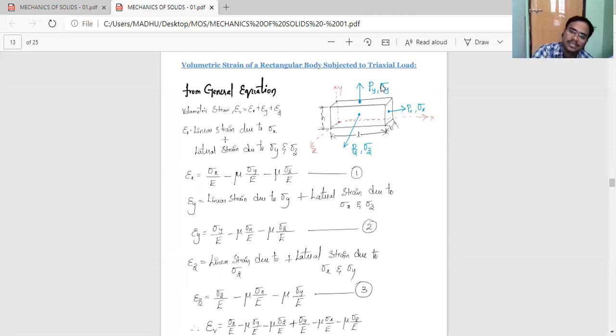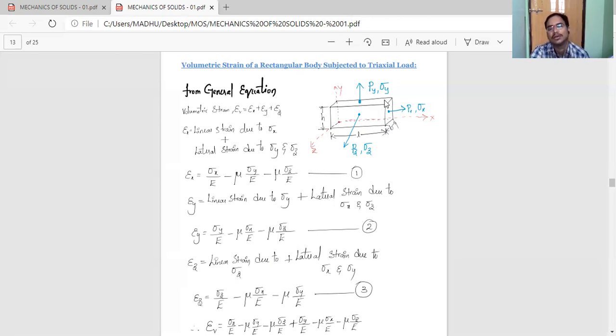Because of these tensile stresses, you will have primary strain along the x direction, along the y direction, and along the z direction. Because of Px, you will have lateral strain in the y and z directions. Because of Py, you will have lateral strain in the x and z directions, and due to Pz, lateral strain along the x and y directions.